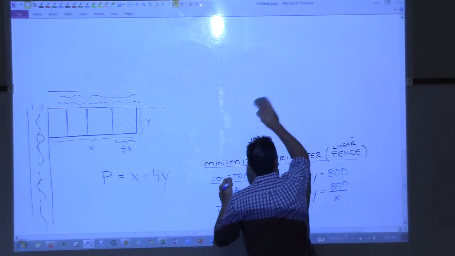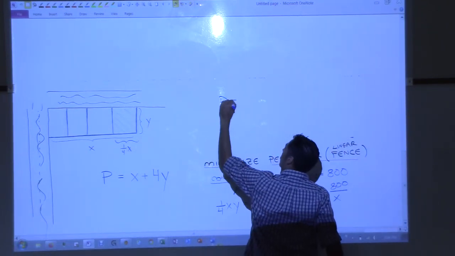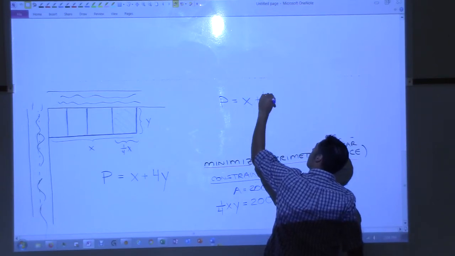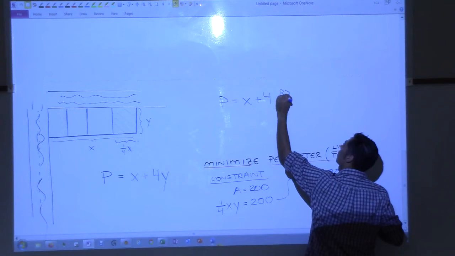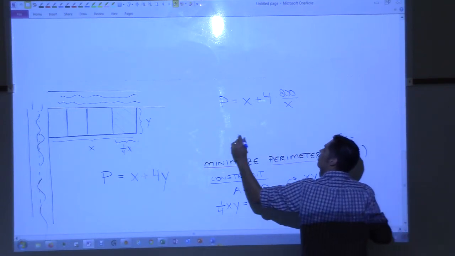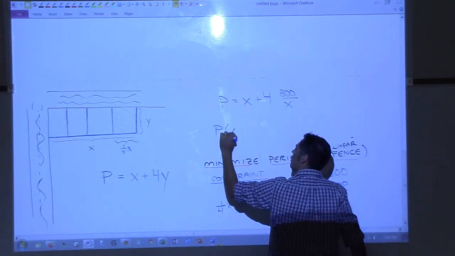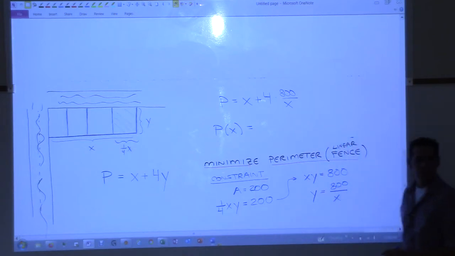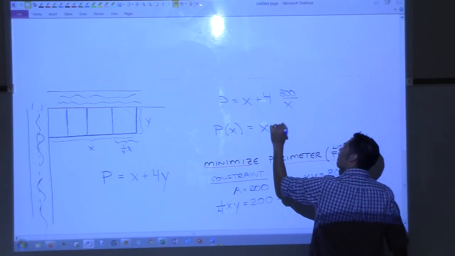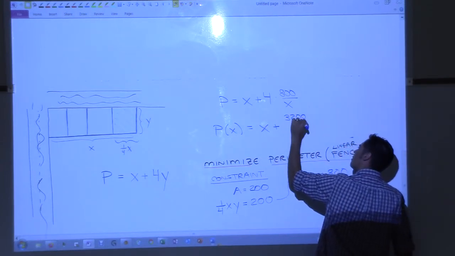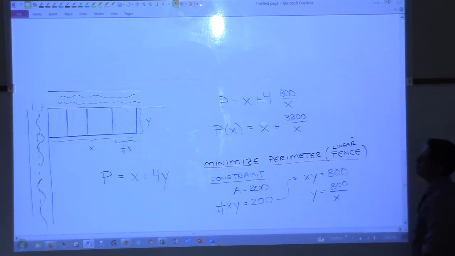Our perimeter will now be x plus 4 times y, but y was 800 over x. So our perimeter is now a function of x. Would you all agree? I've got just x's in there. So I'm going to switch it from P to P of x, and it's x plus 3200 over x. There it is.